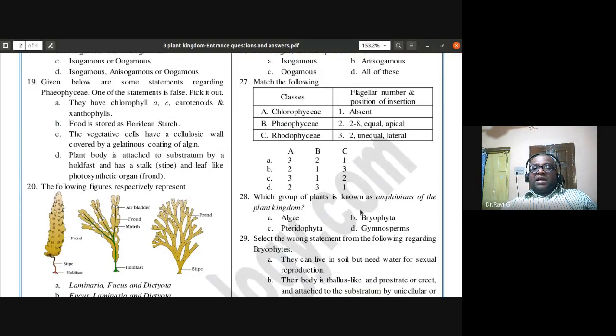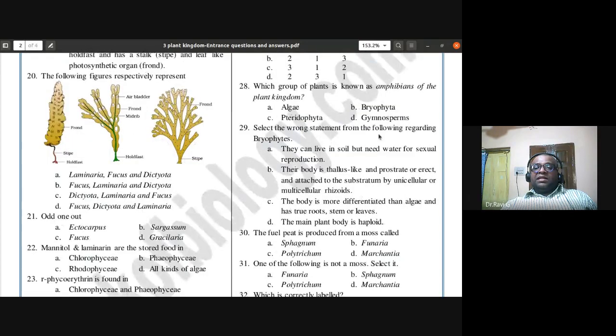Which group of plants is known as amphibians of the plant kingdom? Obviously, it is bryophytes. Select the wrong statement from the following regarding bryophytes. They have given four parts. They can live in soil but need water for sexual reproduction.